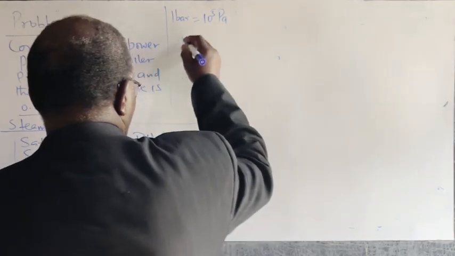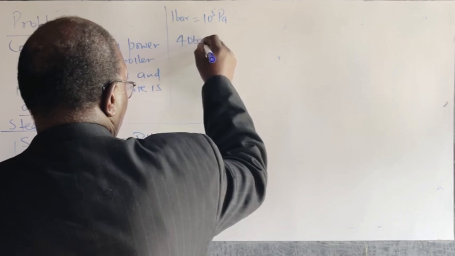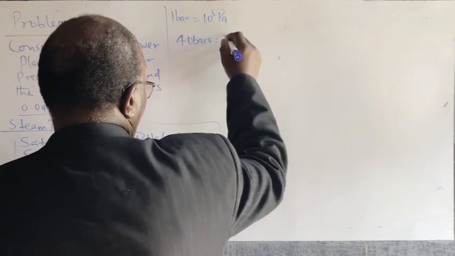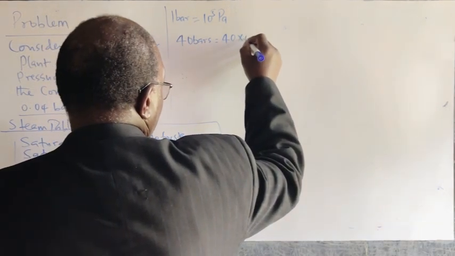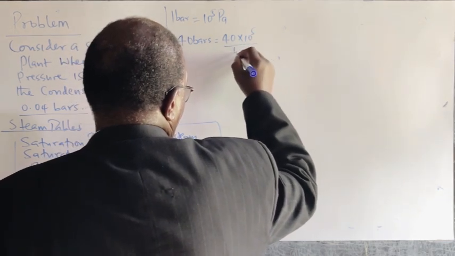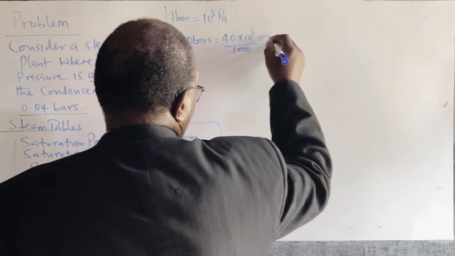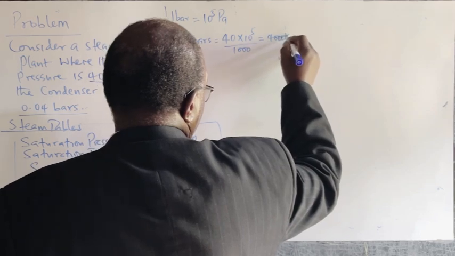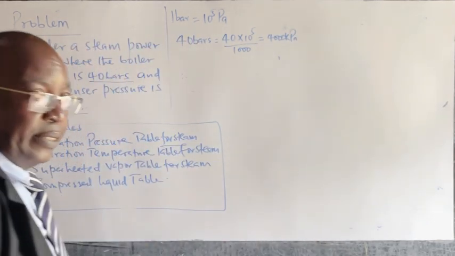So 40 bars will be equal to 40 times 10 to the power 5 divided by 1,000, and that will give us 4,000 kilopascals.